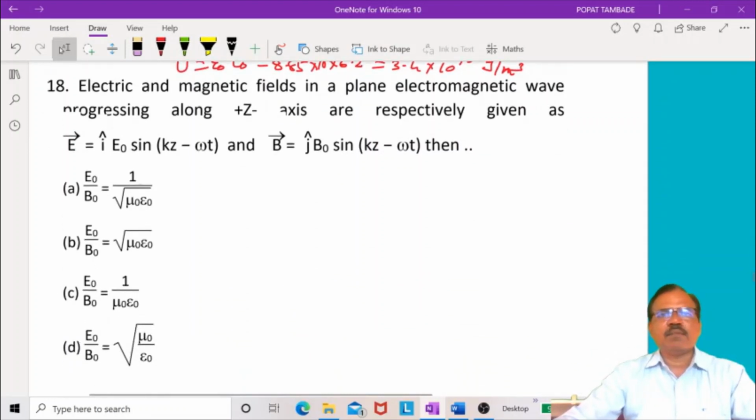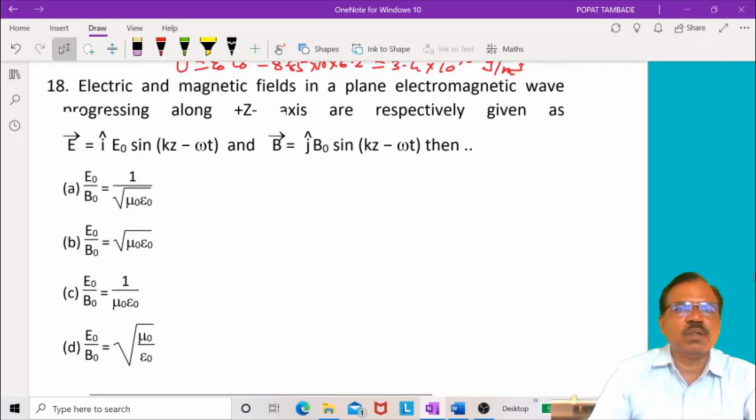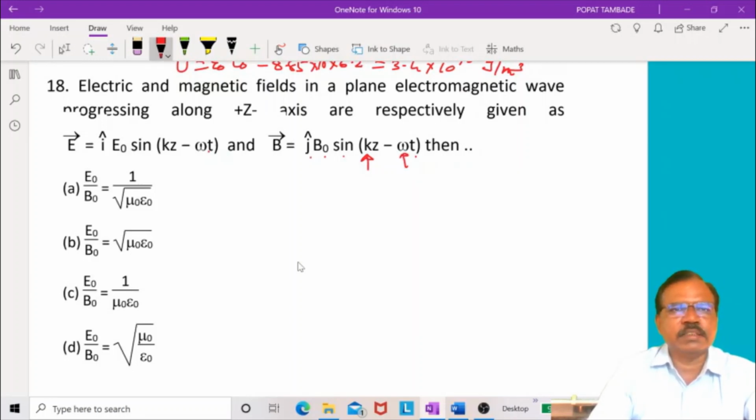Electric and magnetic fields in a plane electromagnetic wave progressing along the positive z-axis are respectively given as E is equal to i E0 sin(kz minus omega t), B is equal to j B0 sin(kz minus omega t). K is the wave vector or propagation constant, omega is the angular frequency, and the wave is propagating along the z-axis.